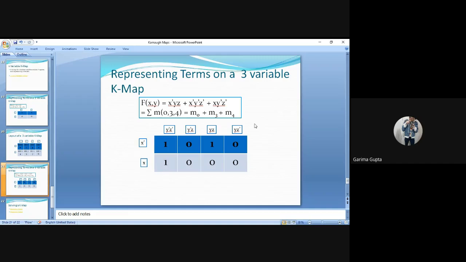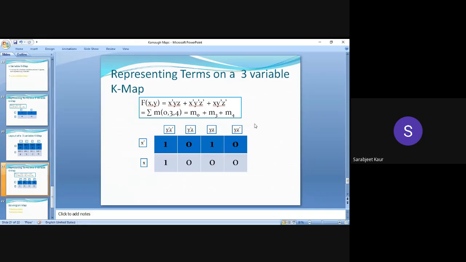No, ma'am. Okay, so I'll stop here today, and next time we will first see the general layout of a 4-variable Karnaugh map and how to represent the expressions on that. After that, we will look at a group of rules which we need to follow to solve a Karnaugh map.